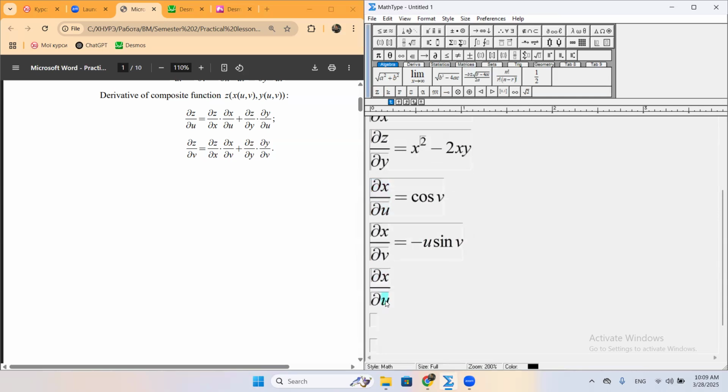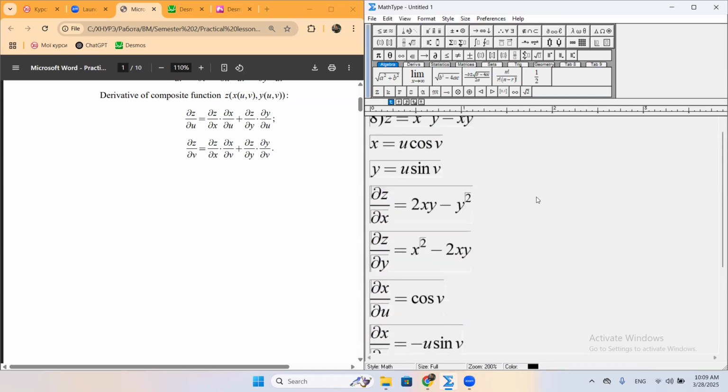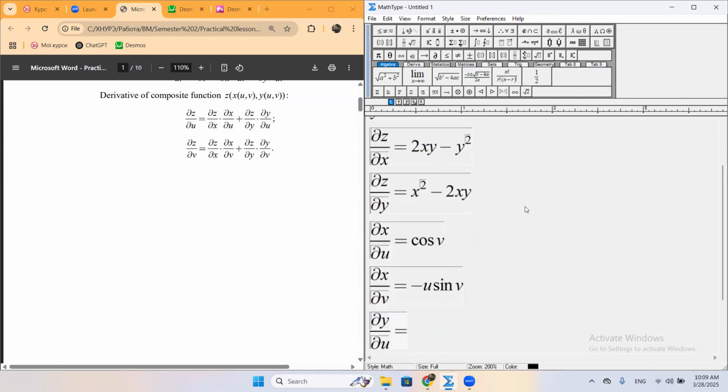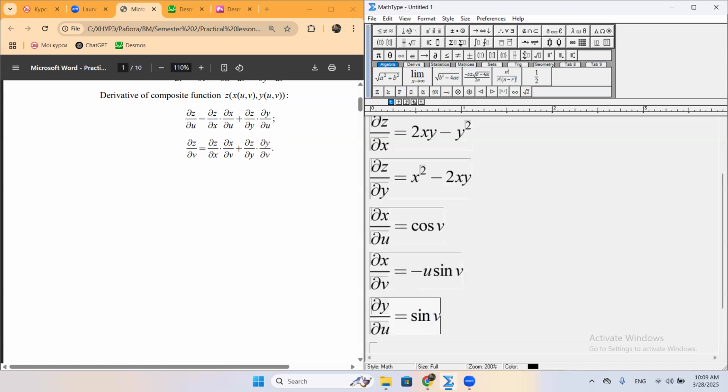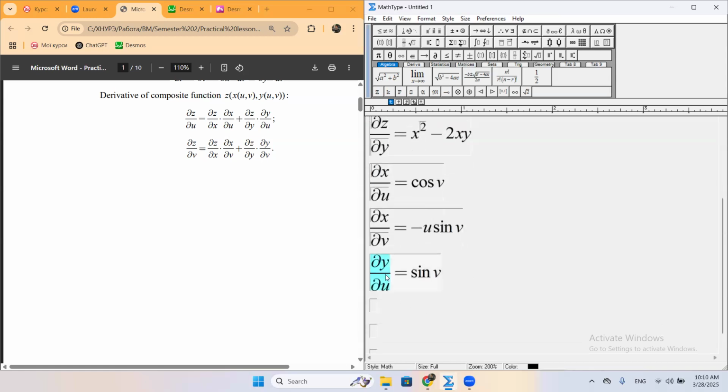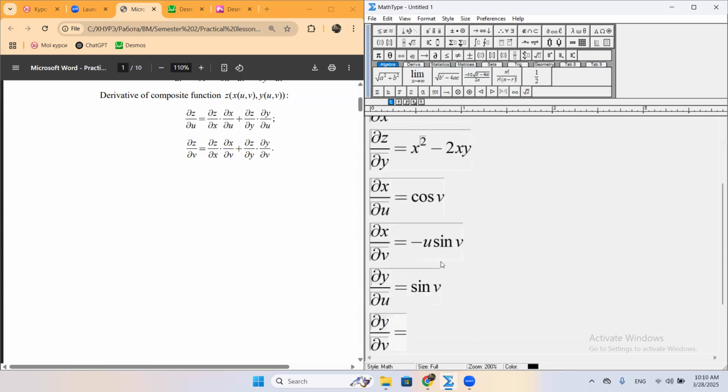Now analogically for y, dy by du equals sine of v, and dy by dv equals u cosine of v.